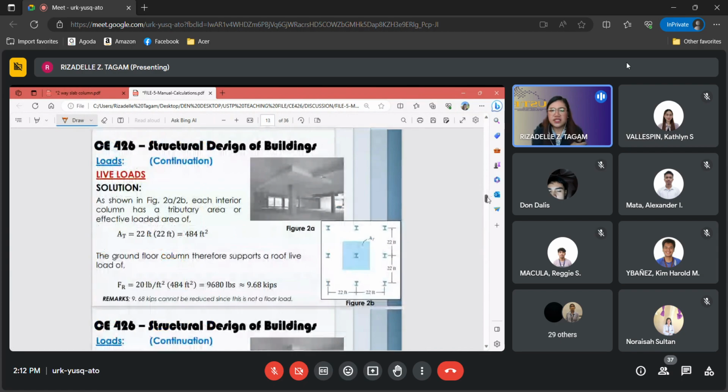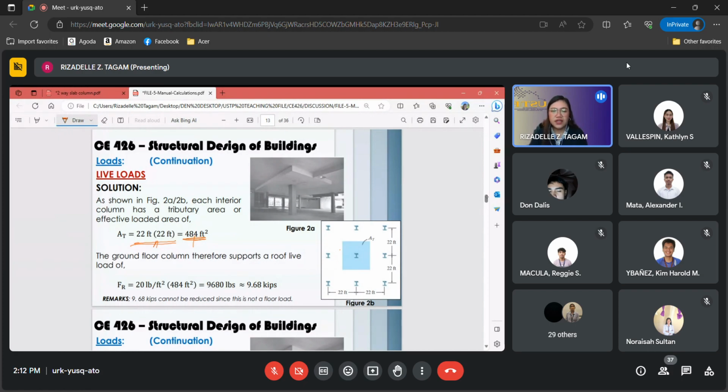So first is isolve nato ang load nga gihatag or na-impose sa roof live load. So as shown in the figure, the interior column has a tributary area or effective loaded area of 22 feet by 22 feet. So the answer is 484 square feet. So muna itong tributary area.